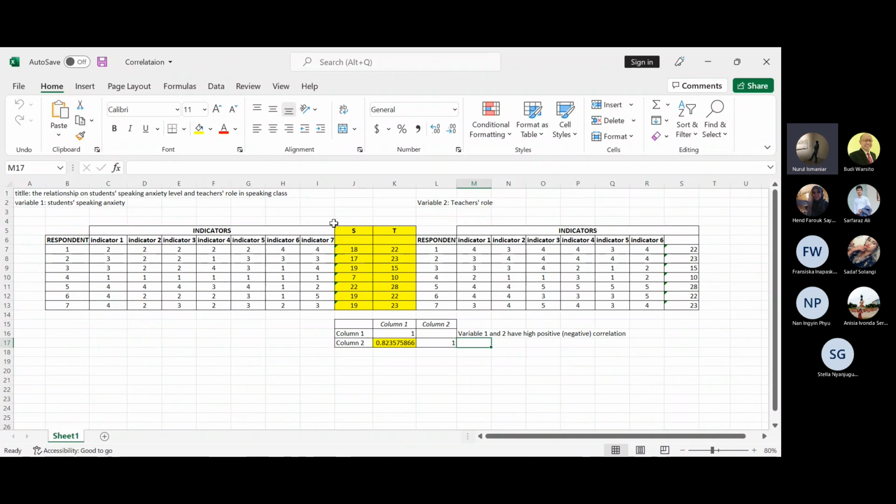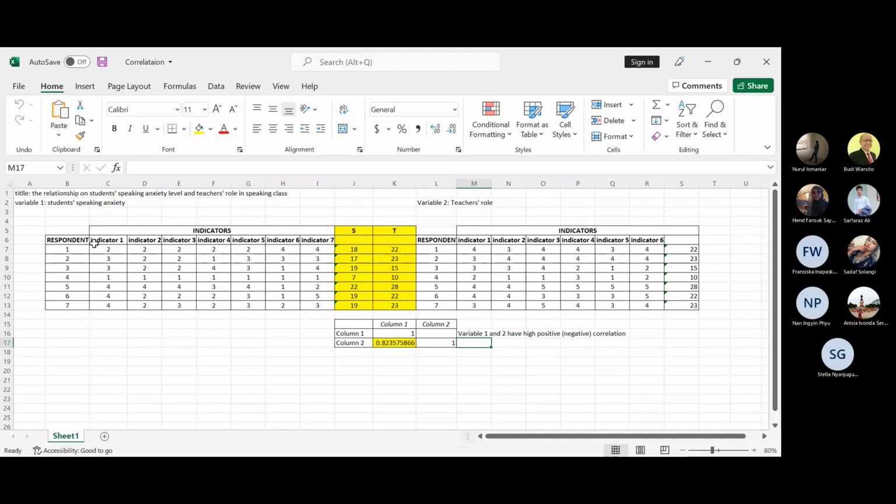So I have two variables in my little survey. The first variable is student speaking anxiety, and the second variable is teachers' role. I want to find out the relationship between student speaking anxiety level and teacher roles in speaking class. For the first variable, I have 7 indicators and 7 respondents, who were my friends.